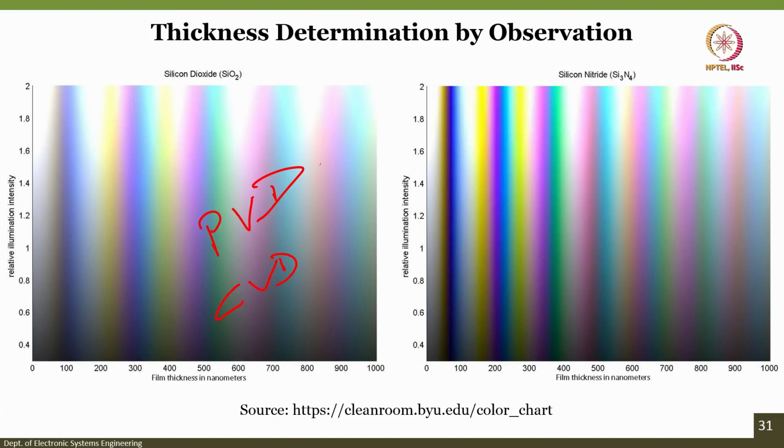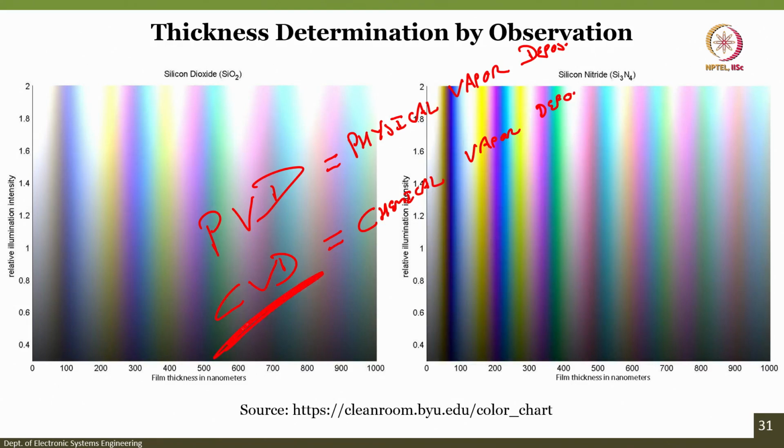PVD stands for physical vapor deposition, both spellings vapor and vapour are okay, and CVD is chemical vapor deposition, right. So, using the CVD technique you can grow silicon nitride.